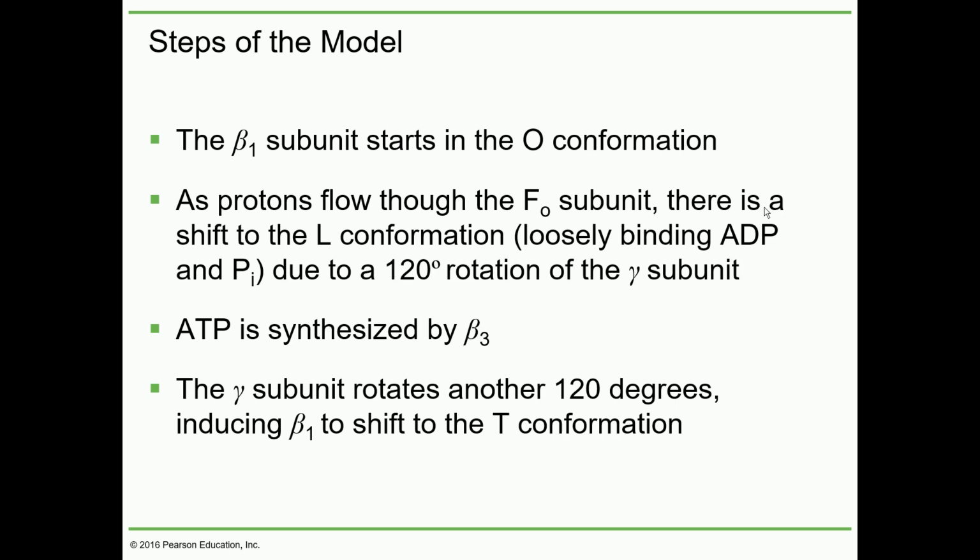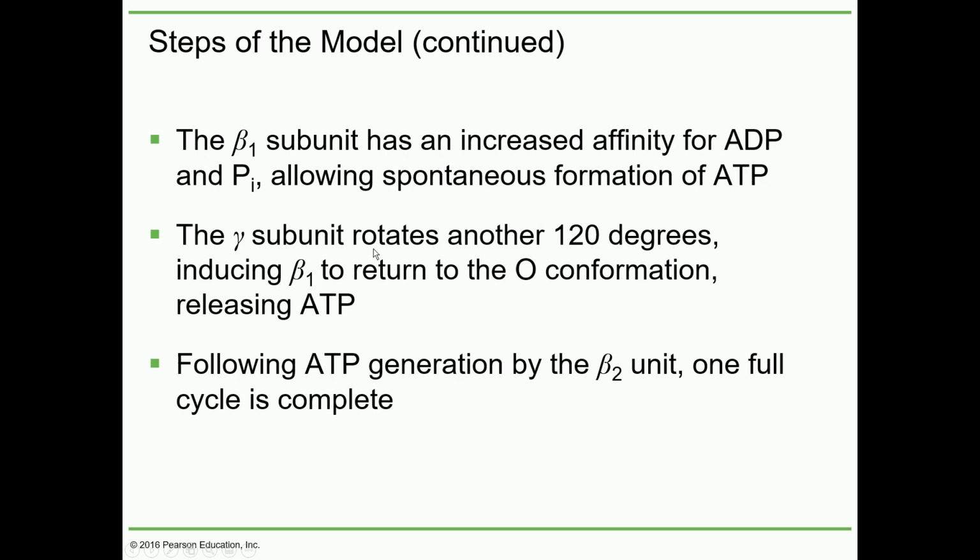And then the gamma subunit rotates another 120 degrees, returning beta 1 to O conformation.